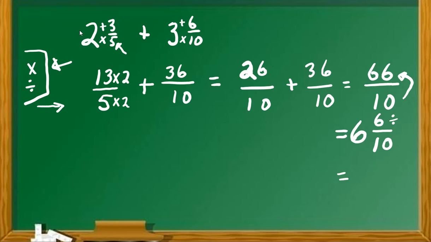So what's the largest number that we can divide into the top and the bottom? Well, it appears to be 2. So we'll divide the top and the bottom by 2. Our 6 remains the same. That's our whole. So we have 6 and 3/5. So everyone, that's how we added our two mixed numbers up here at the top.